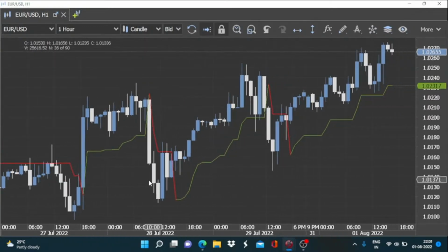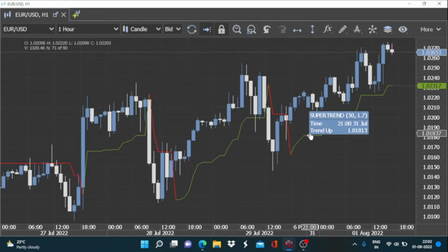And this indicator is kind of simple to understand. It is derived using the range of high and low over the given calculation period. Suppose if the calculation period is 50, then we utilize the high and low value for that given range and take the median price of it. That is, you add the high and the low and then divide it by 2. So you arrive at a median price.